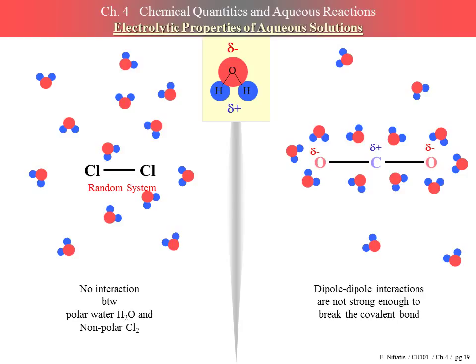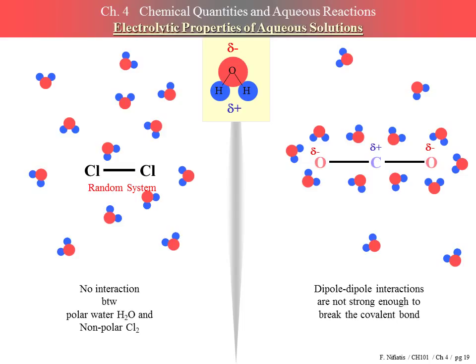What kind of interaction do we have here? Because this is a dipole and the water is a dipole, we have a dipole-dipole interaction. It's a relatively weak interaction. In the case of the sodium with the water, or the chloride with the water, we had an ion-dipole interaction.